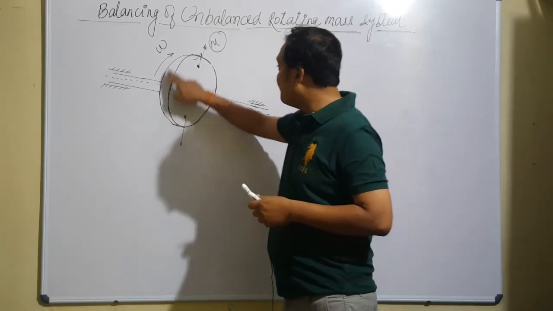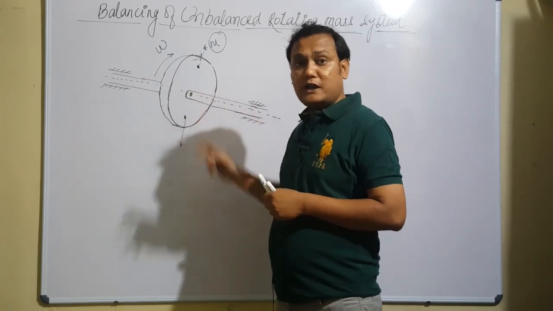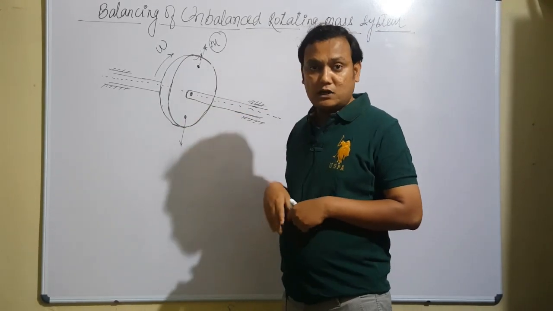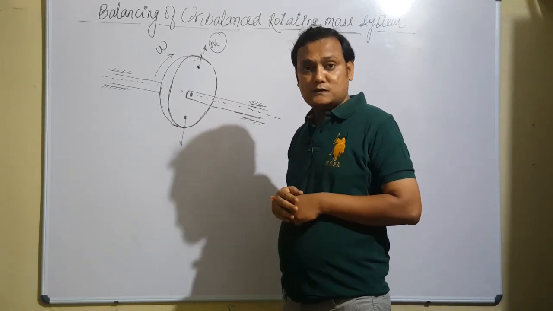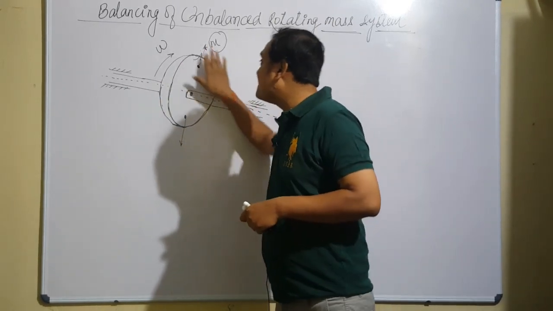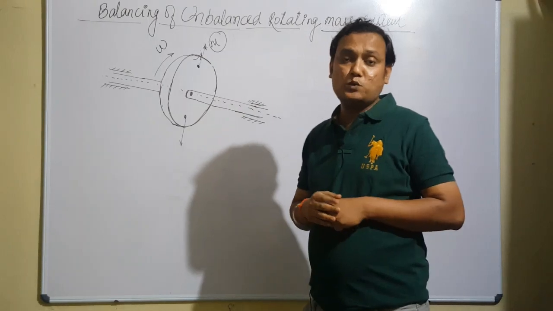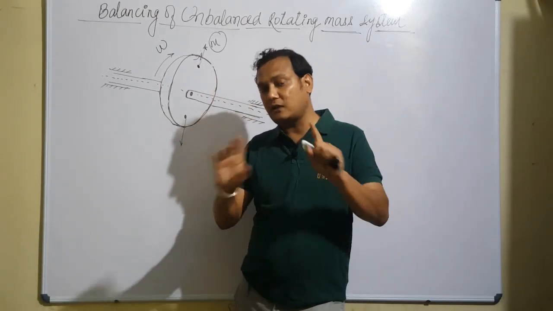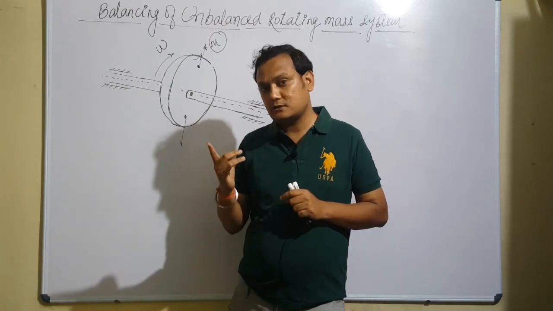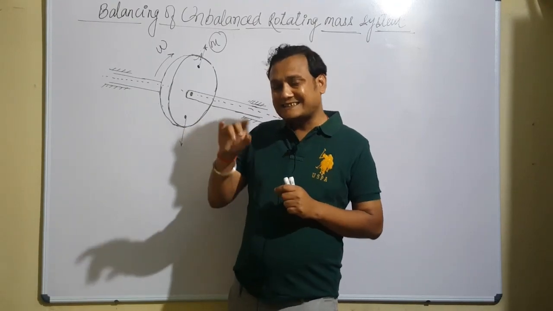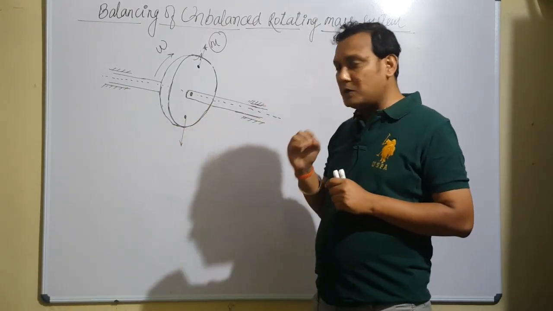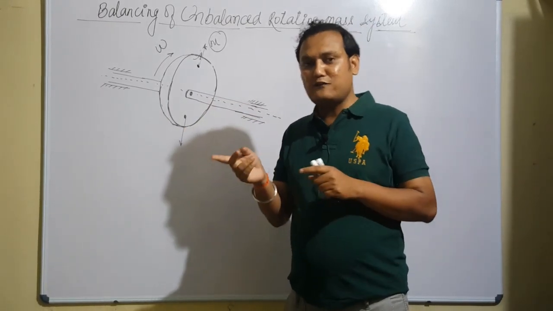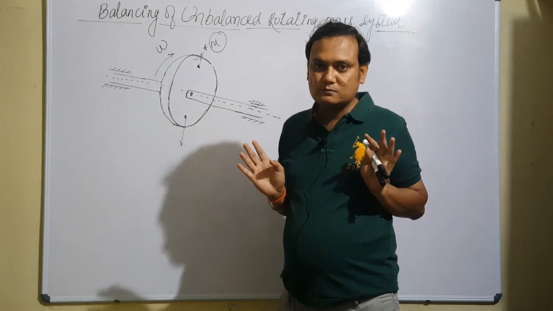This way every point on the body will feel centrifugal force, but there will be a mirror image point to counter it, and the net centrifugal force on the disc will be 0. So there are two ways to say the same thing. First, if the center of mass of the body lies on the axis of rotation, the net centrifugal force on the body will be 0.